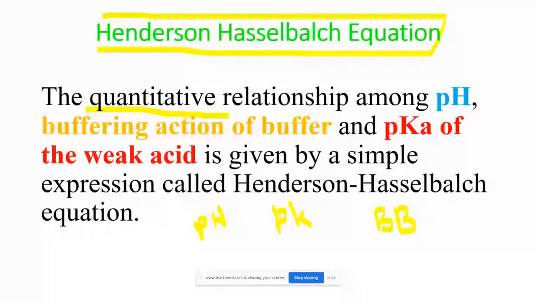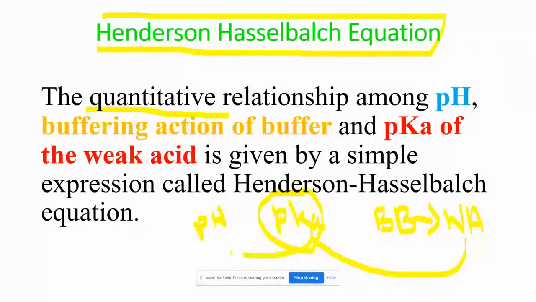This buffering action is related to the weak acid present in it. pKa is related to the ionization constant of the weak acid. If the weak acid dissociates, that changes the pH, or otherwise it resists the change of the pH. So there is a relationship between pH, pKa and buffering action, and we are going to see the quantitative relationship between these three.